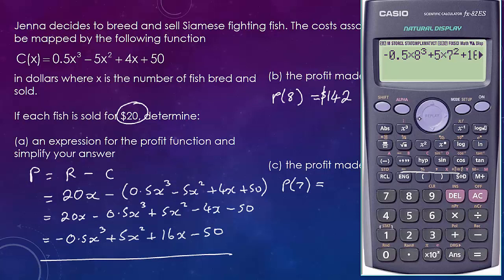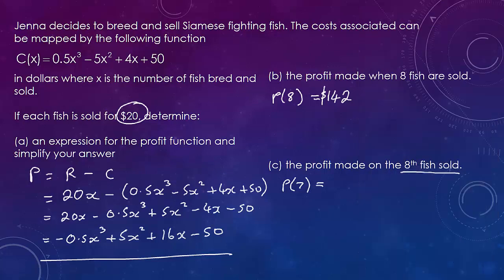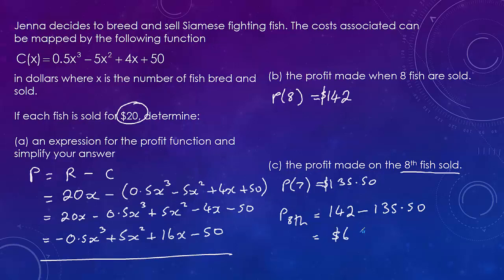And that gives me 135.50. So the profit on the 8th fish sold is just going to be 142, take away 135.50, which is $6.50.